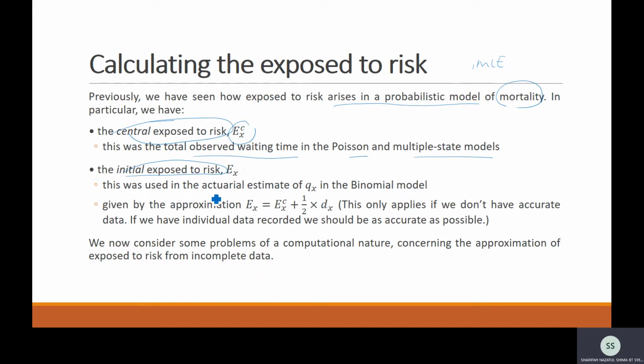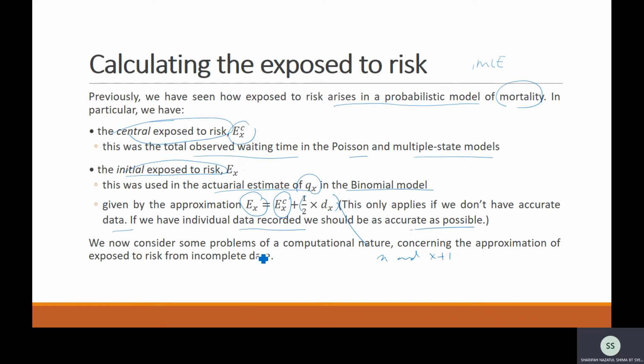This was used in the actual estimate of q_x in the binomial models. It is given by the approximation: initial exposed to risk equals central exposed to risk plus half times the number of deaths between age x and x plus 1. This only applies if we don't have accurate data. If we have individual data recorded, we should be as accurate as possible.